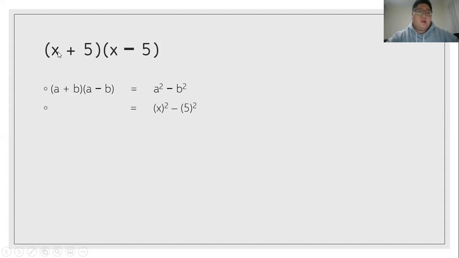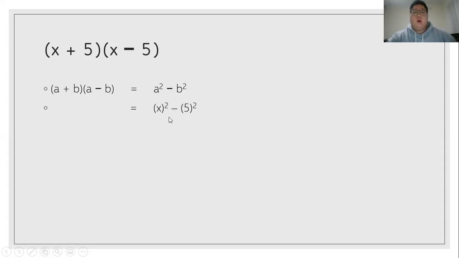So our a is our x, our b here is our 5, our a here is our x again, and our b is our 5. Generally, they are exactly the same letters here, here, here, and here. So our a, which is our x, we substitute that in. I substitute that with a bracket because we have not applied the squared as of yet. So (x) squared, our minus stays there. Open another bracket, and our b is our 5, here or here, it does not matter, which is a 5, and squared.